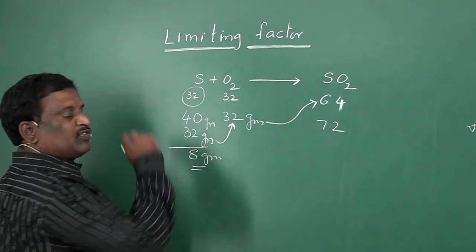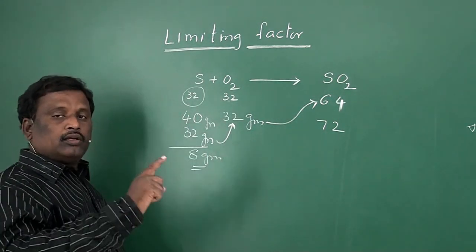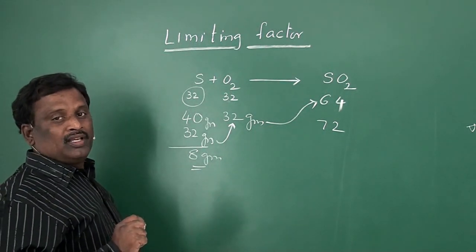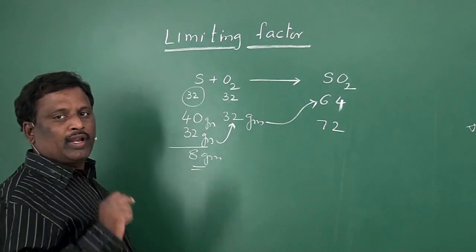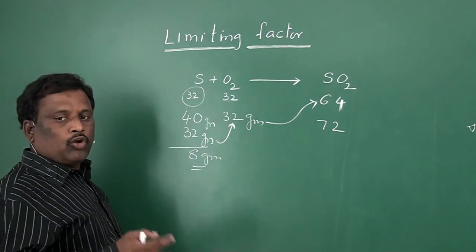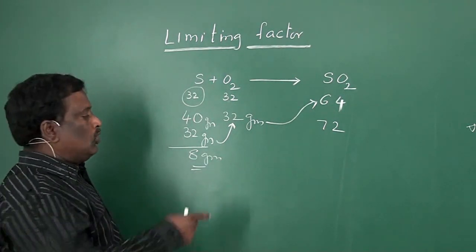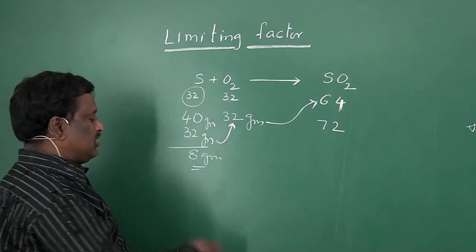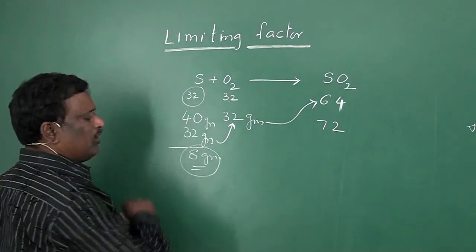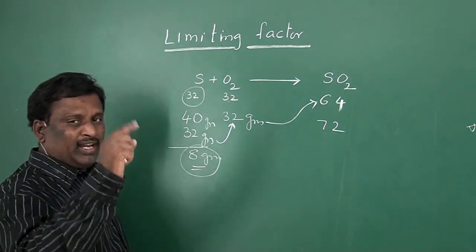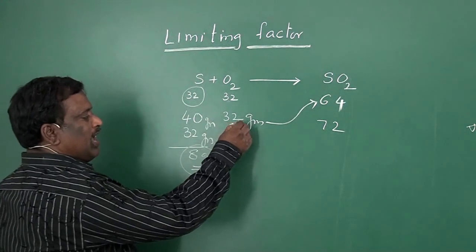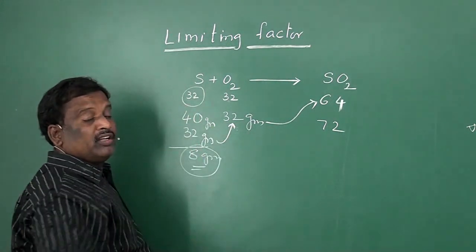So 40 grams of sulfur requires 40 grams of oxygen. Since oxygen is only 32 grams, only 32 grams reacted. That means in this particular reaction, 8 grams of sulfur is left behind unreacted because of lack of sufficient oxygen.